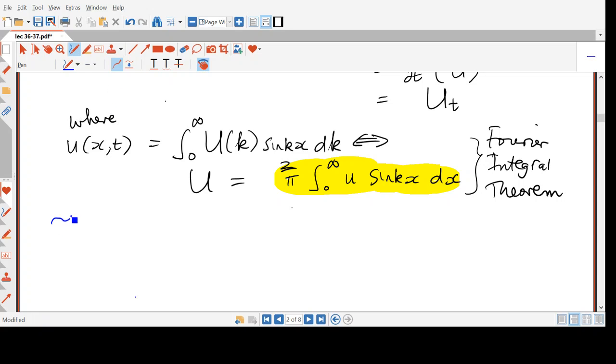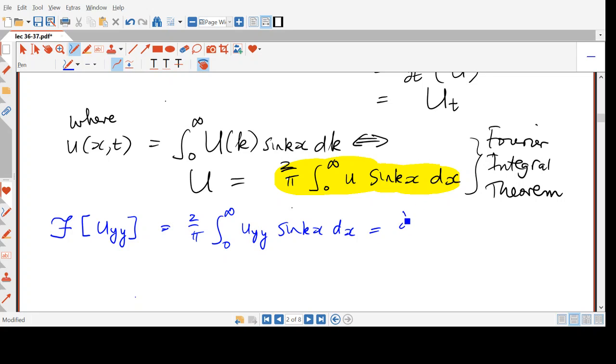Let's try to find the Fourier transform for u yy. In the same way, that's 2 over pi integral 0 to infinity of u yy sine kx dx.